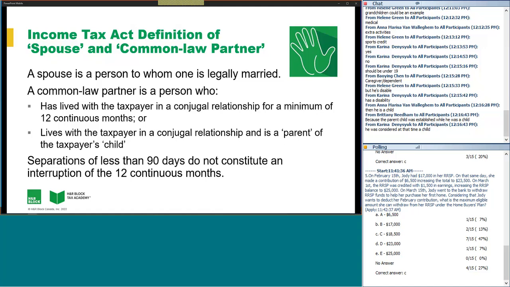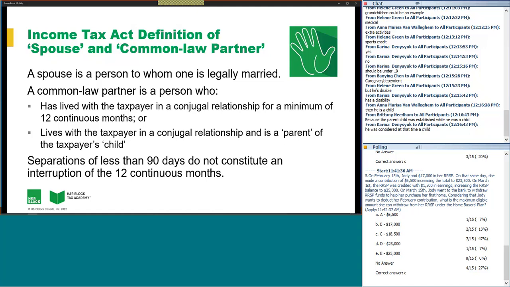On the other hand, if you move in January and you move out in February and you move back in again in October, not 12 continuous months. So that 90 days becomes very important. Does that make sense? I know it's a little fuzzy. The idea is continuous without a significant interruption. And the government has decided significant interruption is 90 days. Okay?